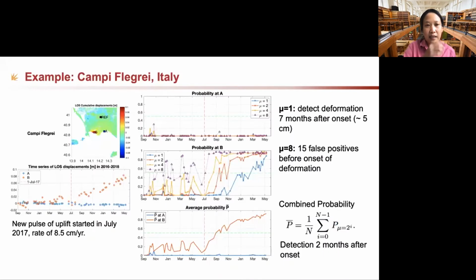This shows an example of the case study in Italy. First of all, we use the cumulative time series. If you add more, you can have a longer time span, as I mentioned before, meaning you can have more fringes. So we process Sentinel-1 SAR images using the LiCSAR system, which automatically generates 3 short duration interferograms for each acquisition, like 6, 12, and 18 days.